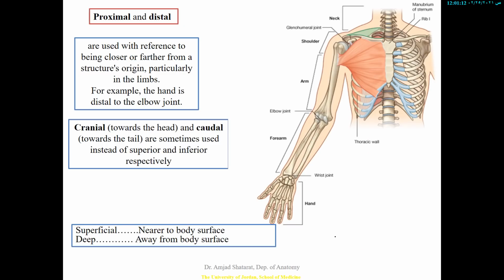Proximal and distal are used with reference to being closer or farther from a structure's origin, particularly in the limbs. In fact, we will take many examples about them. In all my videos about the humerus, I already divide the bone into A, which is the upper part, and B, which is the lower part. This is very common, upper and lower, or superior and inferior.